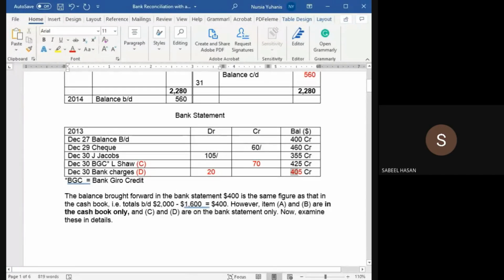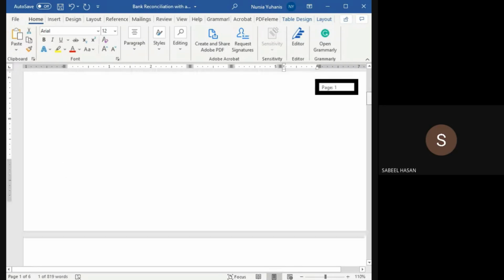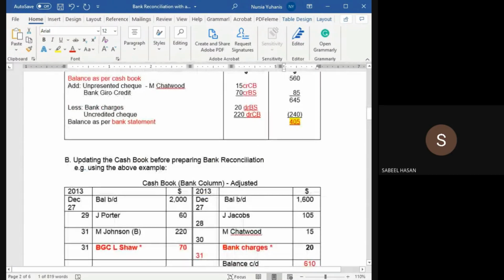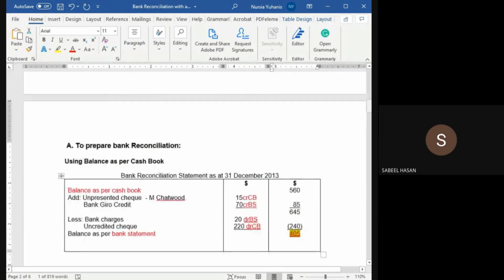The balance in your bank statement is 405. So is it the same as your answer? Yes, it's the same as your bank statement. The final figure matches your bank statement, meaning your bank reconciliation is correct.